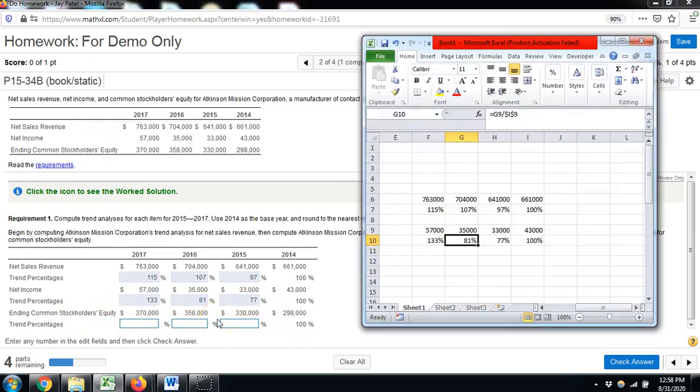We're just going to trend that. I'm going to take these numbers, copy them down.